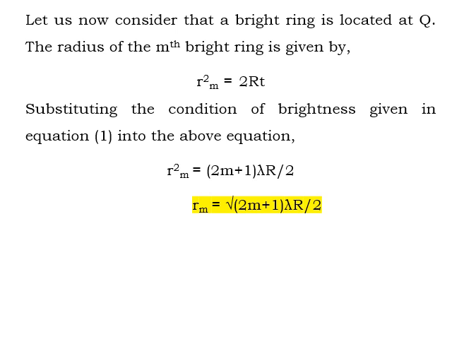For the determination of the diameter of a bright ring, let's consider that at point Q there is a bright ring, and the radius of the mth bright ring you will calculate as r square m is equal to 2RT. You have to follow the same thing: consider the theorem of intersecting chords and then the conditions for brightness, and at last you will come to the conclusion that the radius of the mth ring is equal to under root (2m plus 1) lambda R by 2.